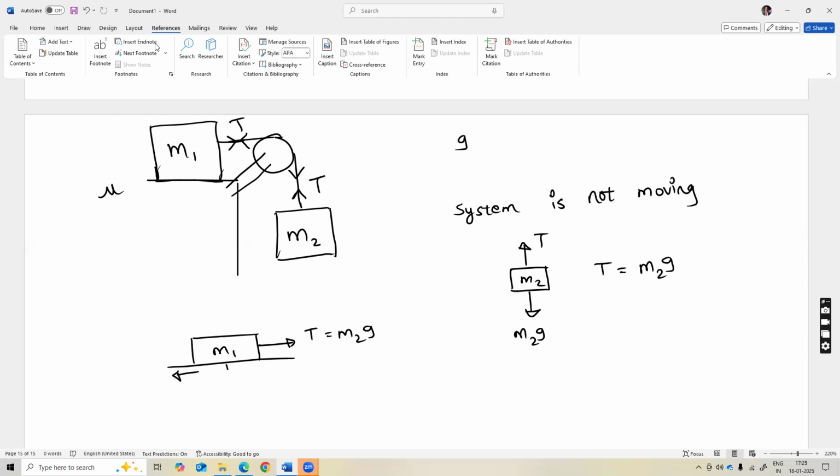Here M1G is the weight acting downward, therefore the normal reaction acts upward. Since the block is not moving, the frictional force will be equal to M2G, which is equal to the applied force.